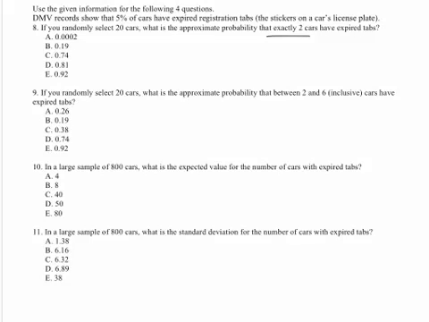For exactly 2, now this is one where on a free response you would need to show your work. It would technically be 20 choose 2, times 0.05 to the second, and then 0.95, or 1 minus 0.05, to the 18th.